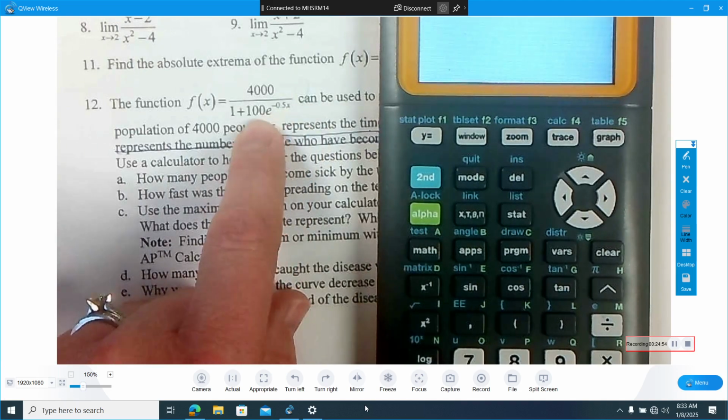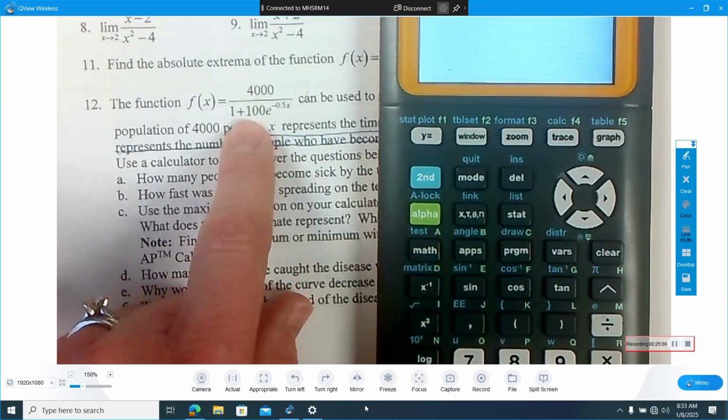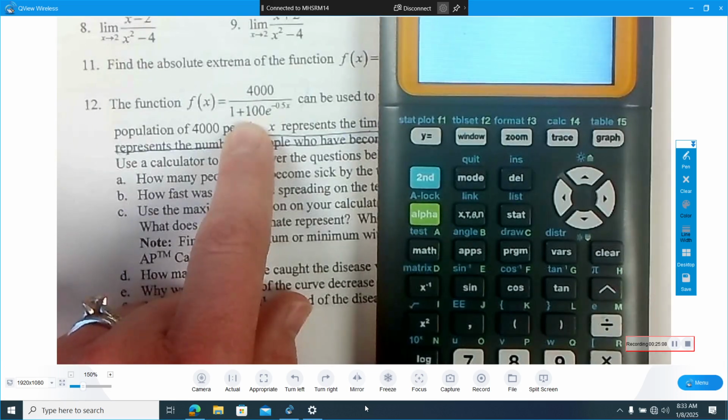And so this becomes 100 times 1, which is 100. And so we get 4,000 over 101, so about 400. So when x is 0, our y value is about 400. Is a 10 by 10 window going to cut it? No.